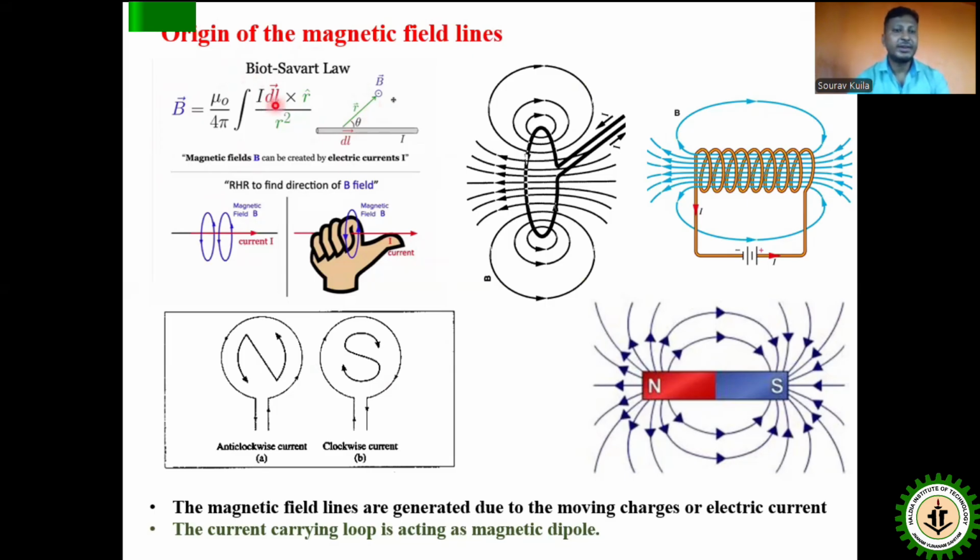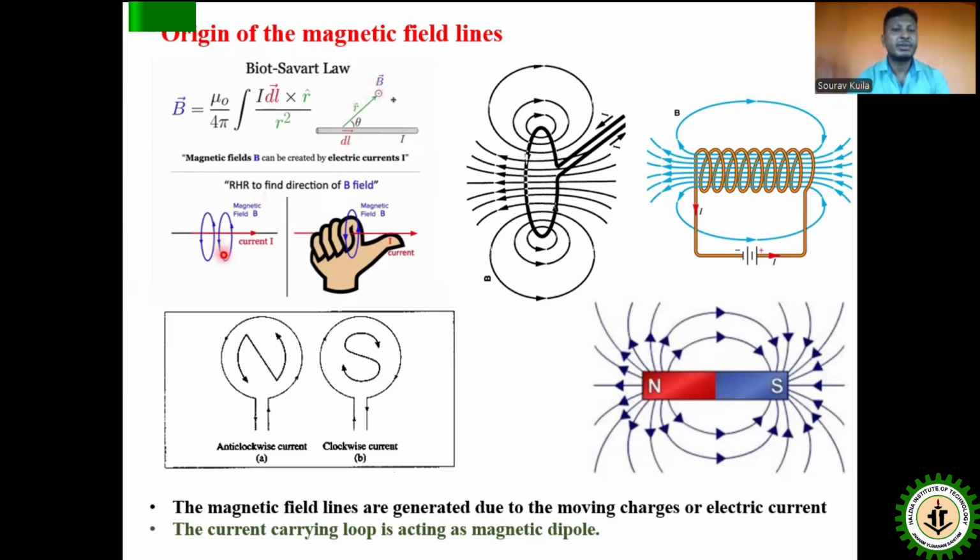Here, the magnetic field is always perpendicular to the direction of current and the direction of the point, that is, the distance between the current carrying wire and the point at which you are trying to measure the magnetic field. So the direction of the magnetic field is the cross product of the current direction and the direction of the point from the current carrying wire.